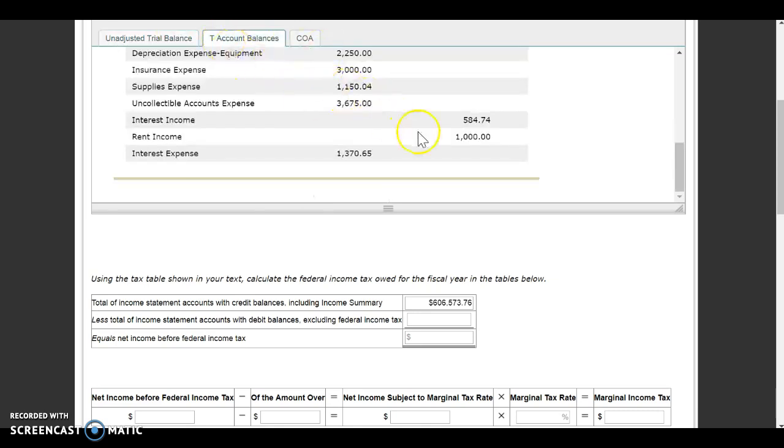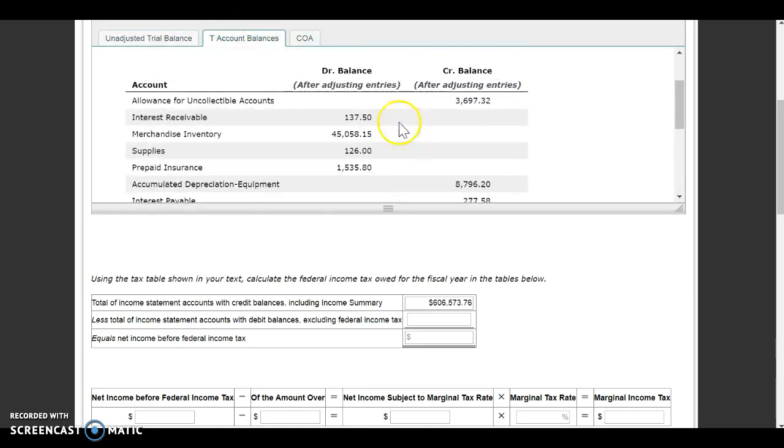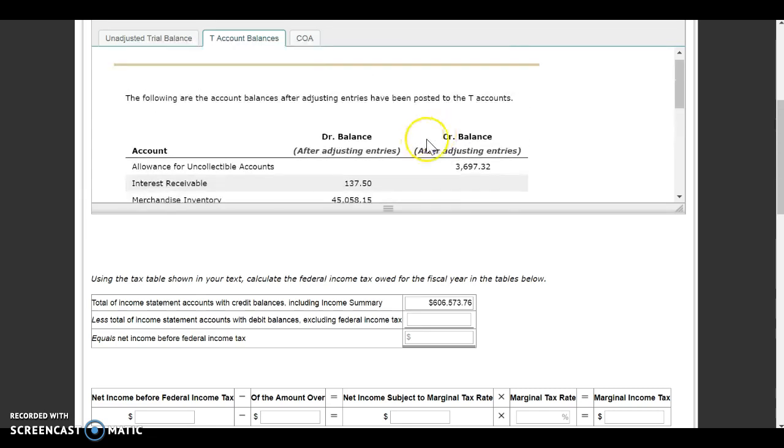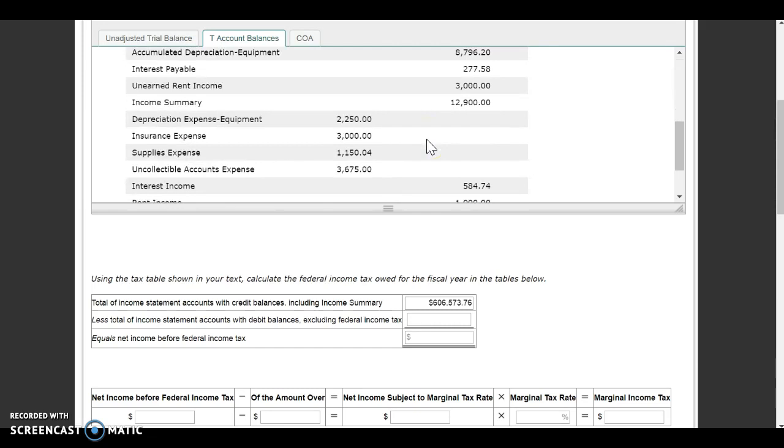But we have to make sure that we look at these T accounts because we haven't updated all of those accounts. Okay, so when we look at our income summary, here we see our income summary is at 12,900. So I need to update that number.